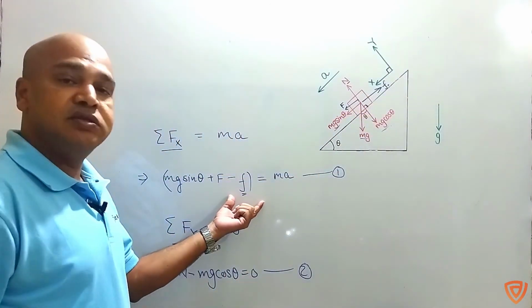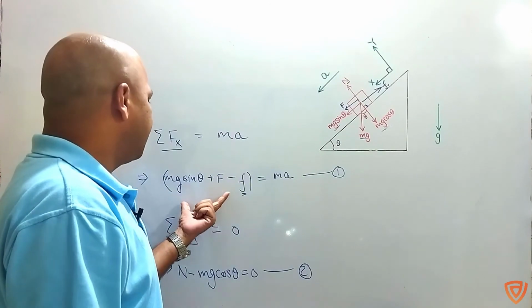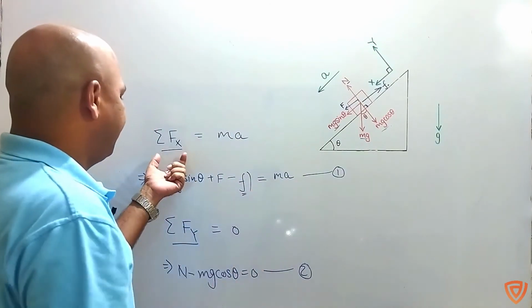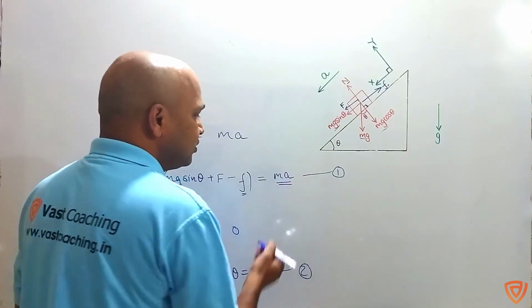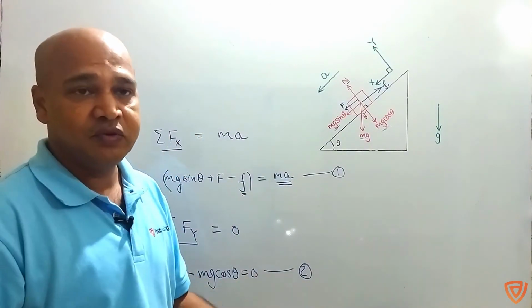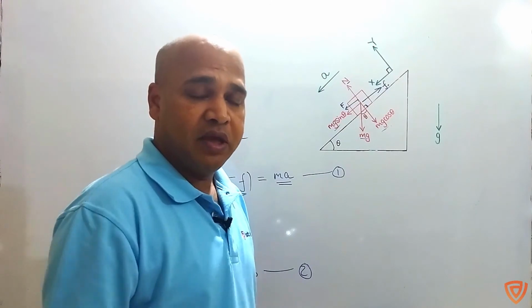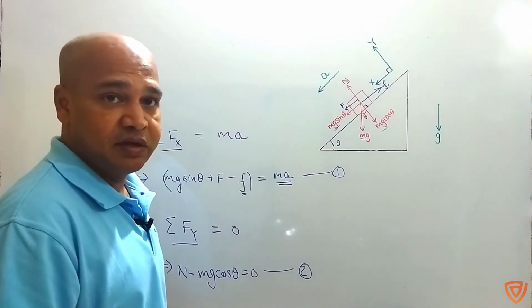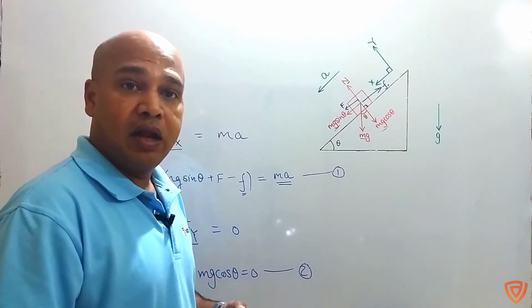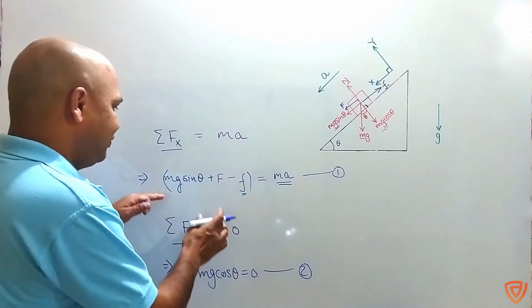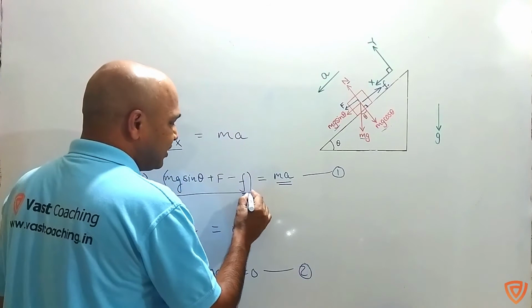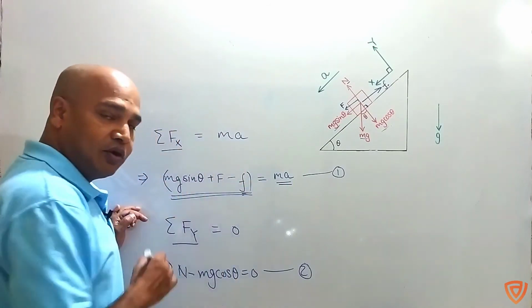Your net force along x will be equal to ma, because Newton's second law says that net force F is equal to ma, where F is the net force acting on the body along the direction of acceleration.